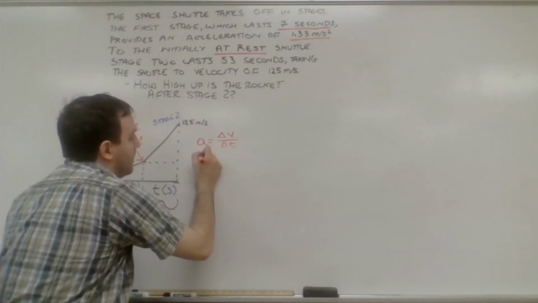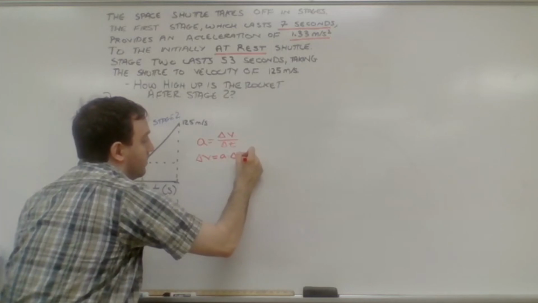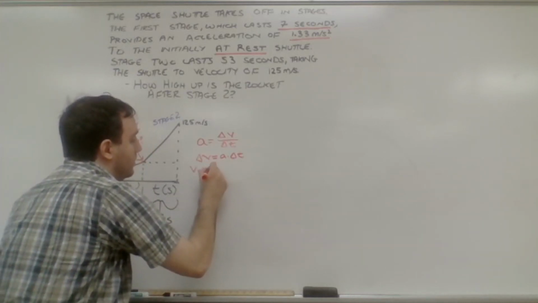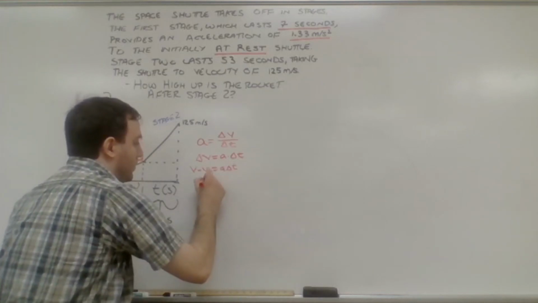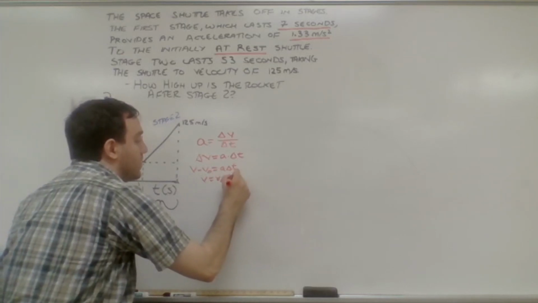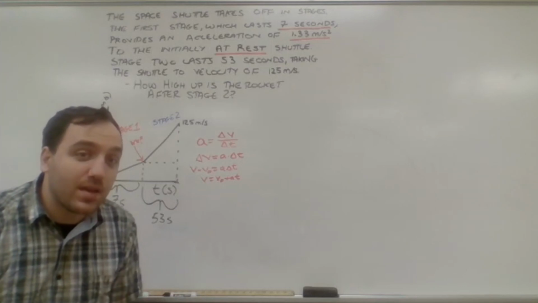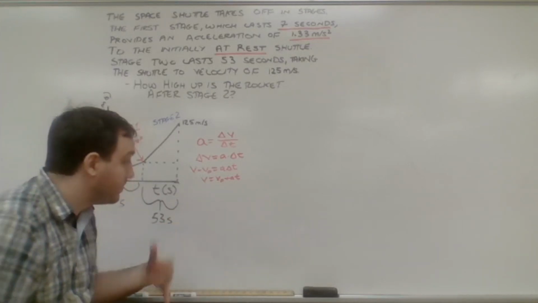To solve for delta v first, delta v is always v final minus v initial, which means that v equals v initial plus at. That's just the equation we have on our kinematic sheet anyways. It doesn't affect us too much. We could have shortcutted to get here.